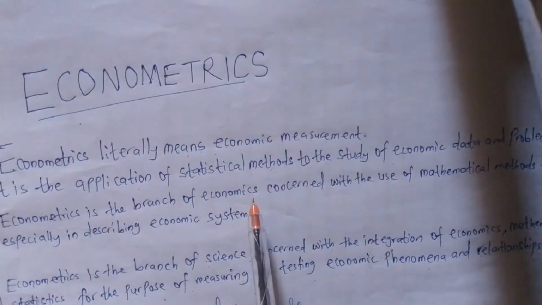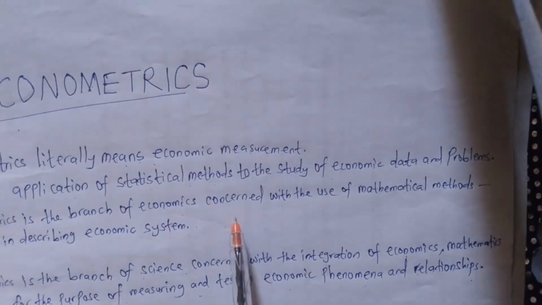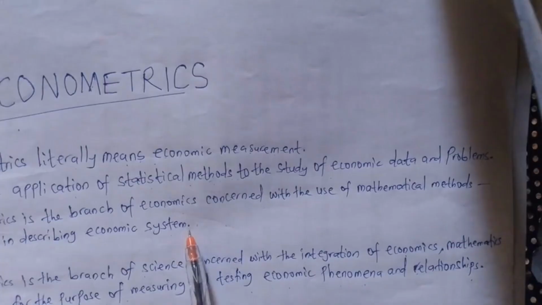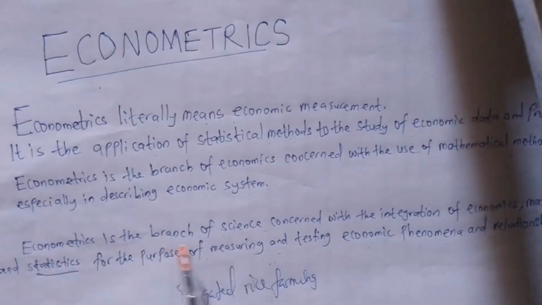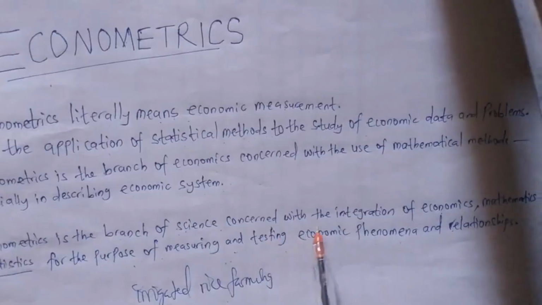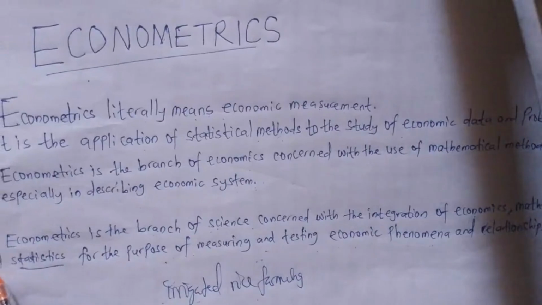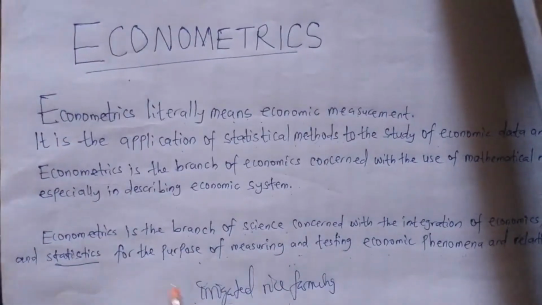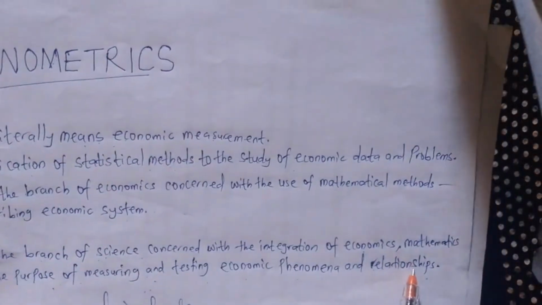So we bring in or introduce mathematics to describe how things like prices, yield, and cost actually behave. And the best definition of econometrics for you guys is this: econometrics is a branch of science concerned with the integration of economics, mathematics, and statistics for the purpose of measuring and testing economic phenomena and relationships.